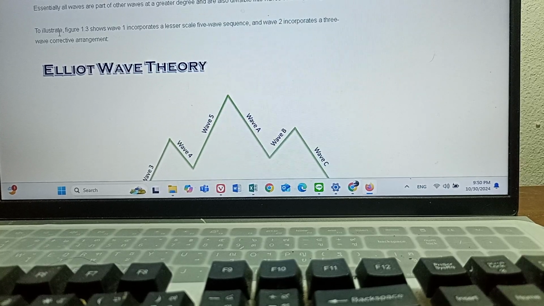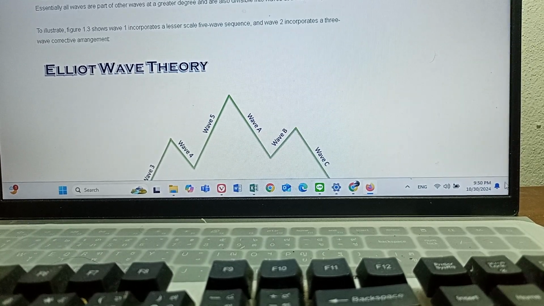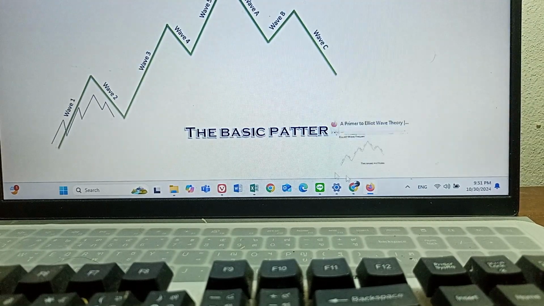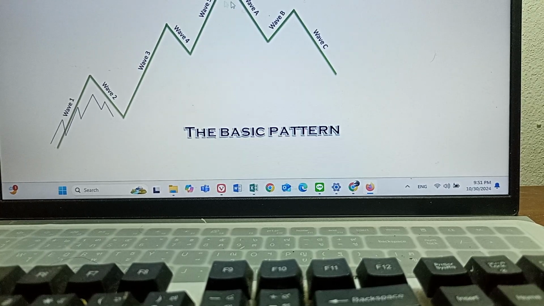To illustrate, figure 1.3 shows Wave 1 incorporates a lesser scale 5-wave sequence and Wave 2 incorporates a 3-wave corrective arrangement. Elliott Wave theory. Wave 1, Wave 2, Wave 3, Wave 4, Wave 5, A, B, C, the basic pattern.